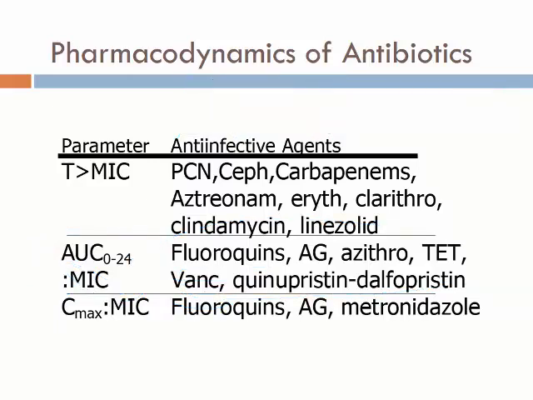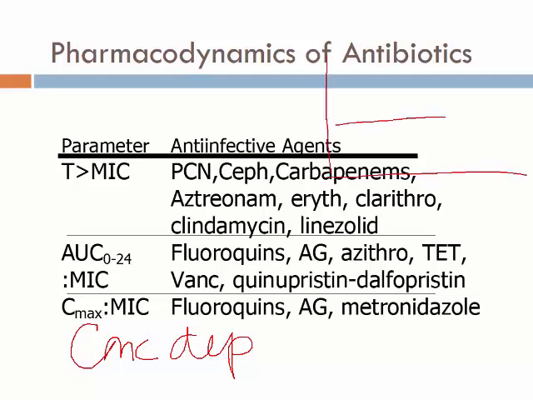Finally, we have what we call, I'm going to use a different color because they are different, concentration-dependent killers. So with these drugs, we don't care so much about just maintaining a concentration above the MIC, but let's say here's the MIC again. What we want is a very high Cmax to MIC ratio. I think of this as like the boxer that comes and wants to give a punch.